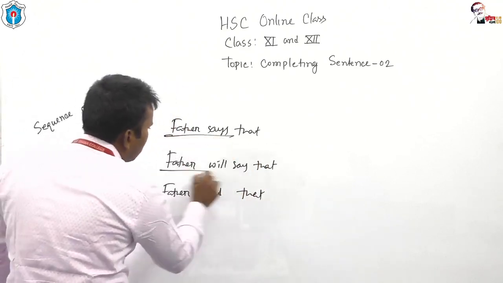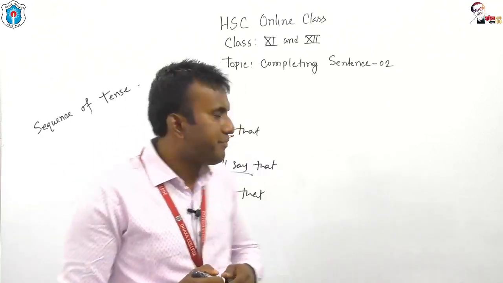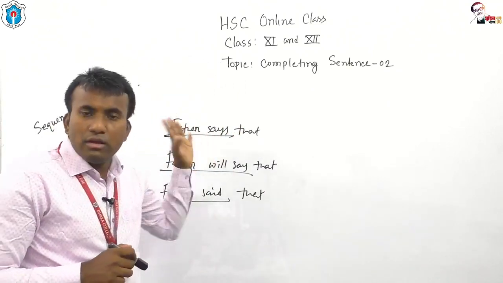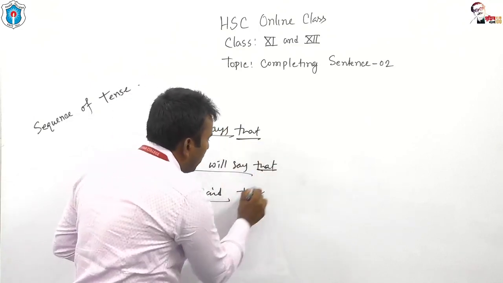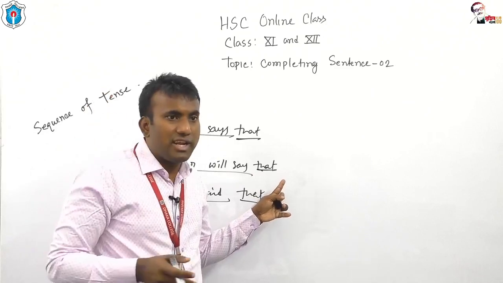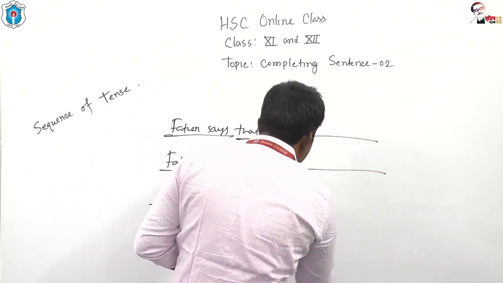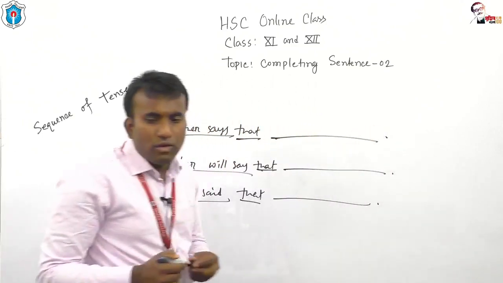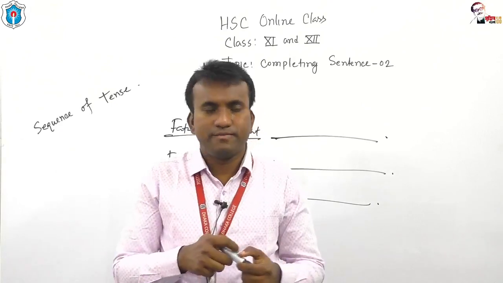Father says, father will say, father said. All of them are principal clause. Here I have used principal clause. From that we are going to use subordinate clause. Subordinate clause is being started with the help of that. Here I have to use subordinate clause. We are learning what sequence of tense is.